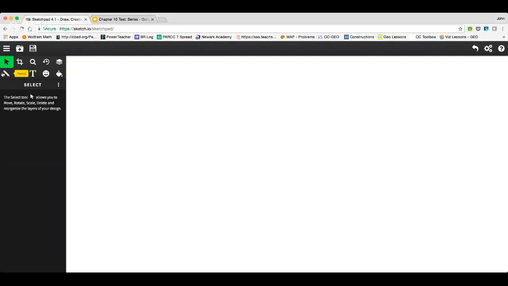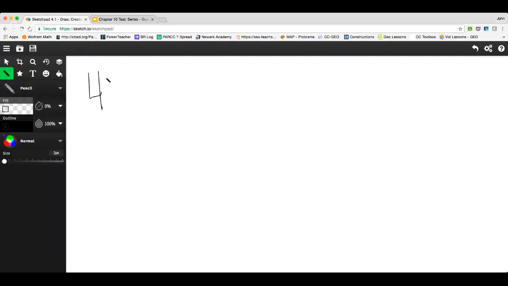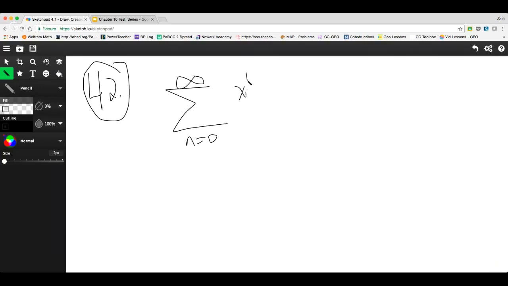And this is number 42 on set B2, which is section 10.5. We're finding interval convergence and absolute versus conditional convergence. So let's look at that together. We have n going from 0 to infinity. This is number 42. And we have x to the n plus 1 over n factorial.